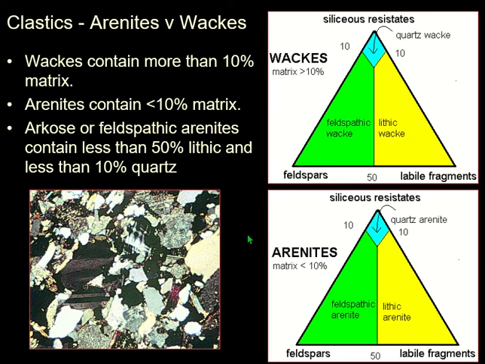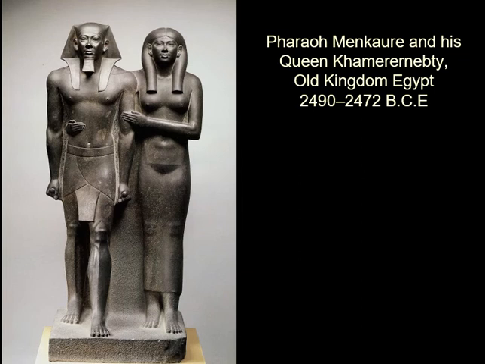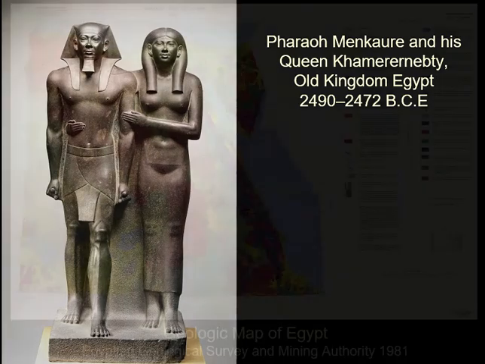But as I said, the point of this is just to show you sandstones can be quite complicated, which will do. This, however, is supposedly made of a wacke. Very nice.